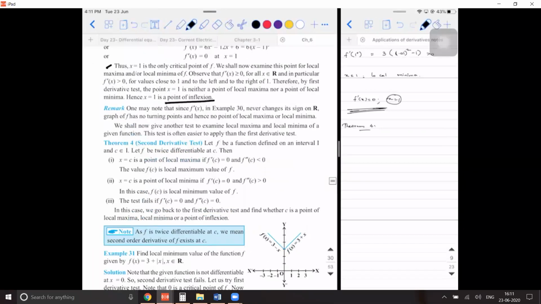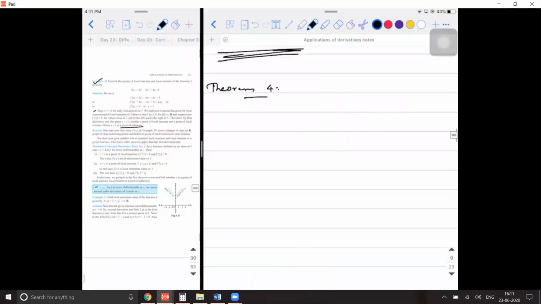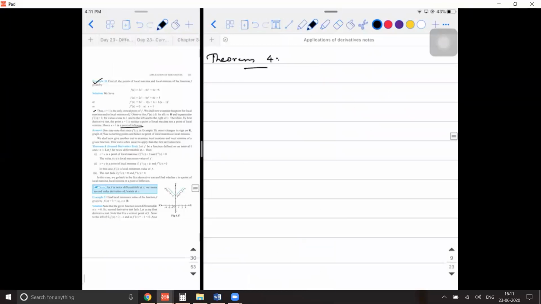Suppose that function can be differentiated twice. Let's say the function which is given to you can be differentiated twice. Then what do you do to find the point of maxima or minima? The name of this test is the second derivative test. For finding the point of maxima or minima, there is only one method: f dash of x is equal to 0.